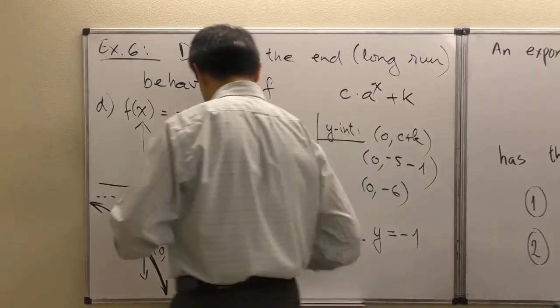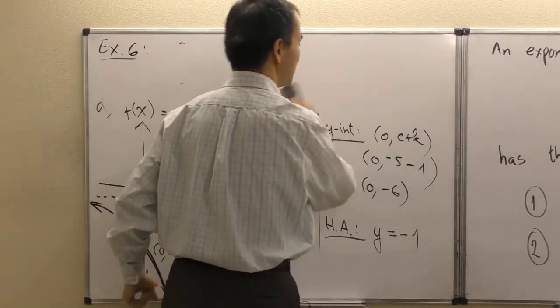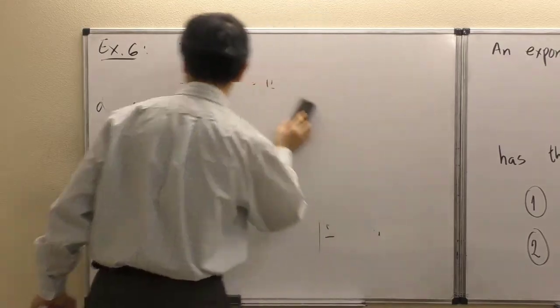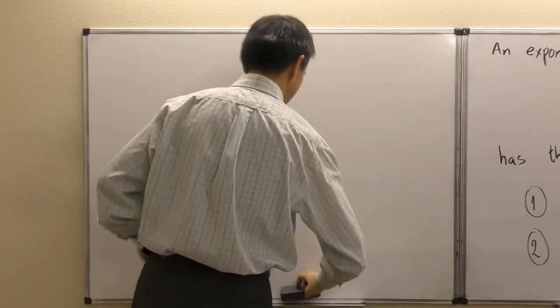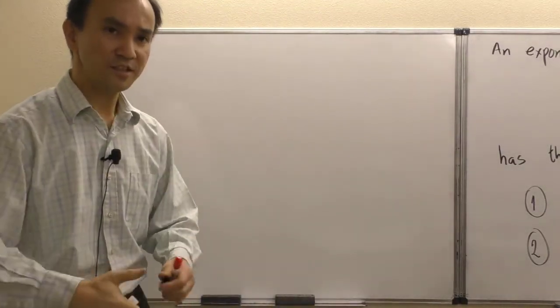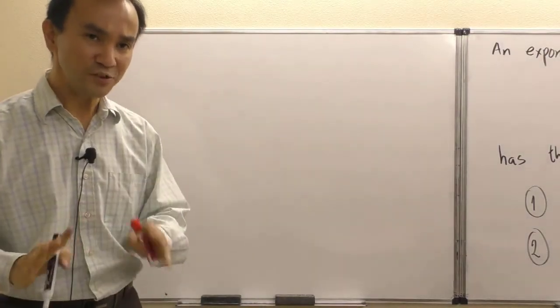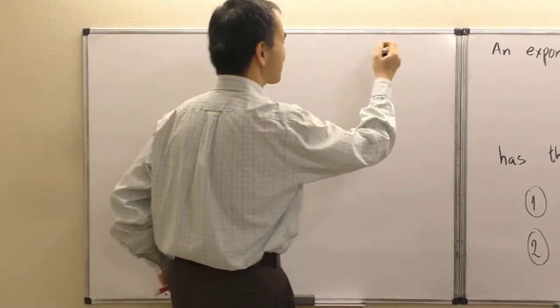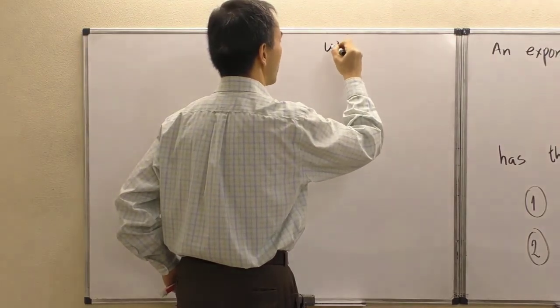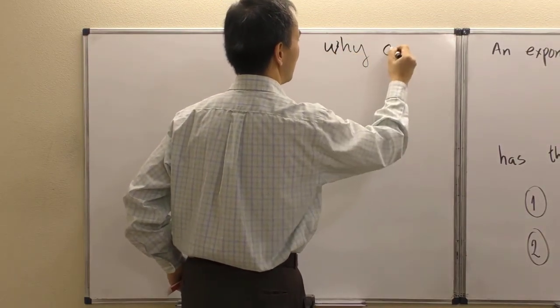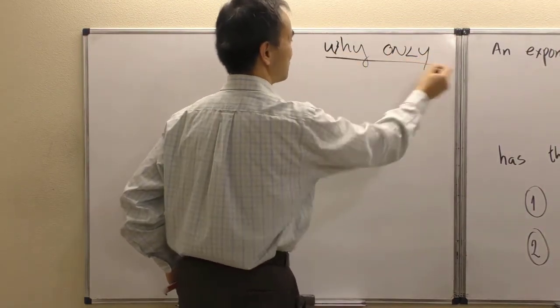All right, so now I'm going to erase my board here. This is my explanation of why we only need to focus on this form. Our goal now is to find out why, allow me to write that in.